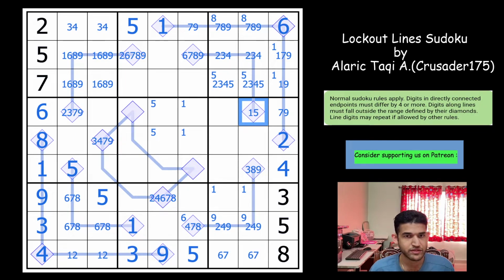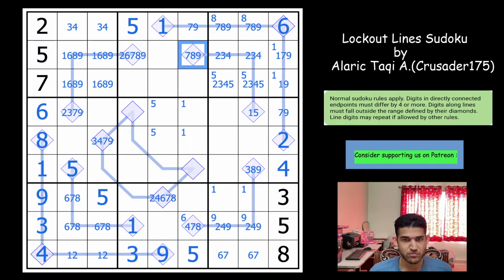I can't have a 6 now in this cell, right? That puts a 1 here and forces these digits to be between them. So that's 7, 8, and 9. And 7 is also ruled out because the moment I put a 7 here, then this is supposed to be a 1 and these digits will be between the 1 and the 7.